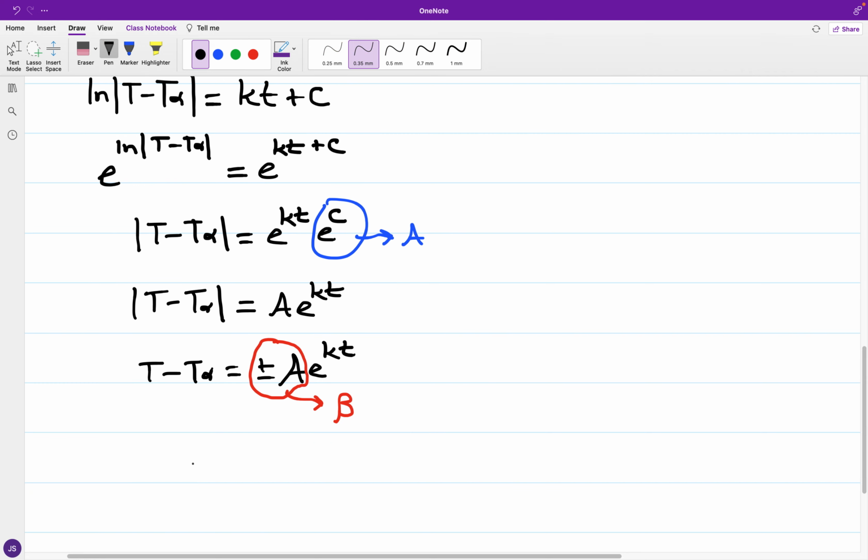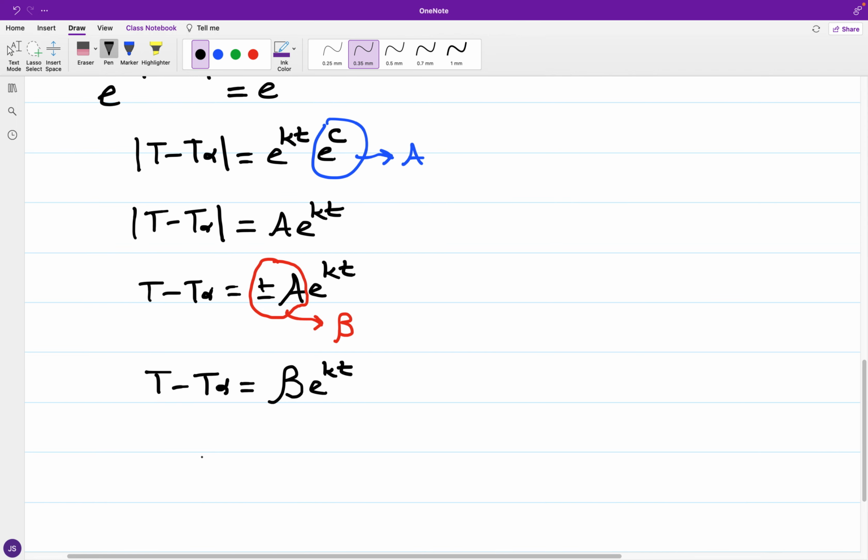I'm choosing the Greek alphabet, but you could go with the letter C. So here we have T minus T sub alpha is equal to beta times e to the kt, and isolating the core temperature T, at any time t the core temperature is equal to beta times e to the kt, followed by the addition of the surrounding temperature.